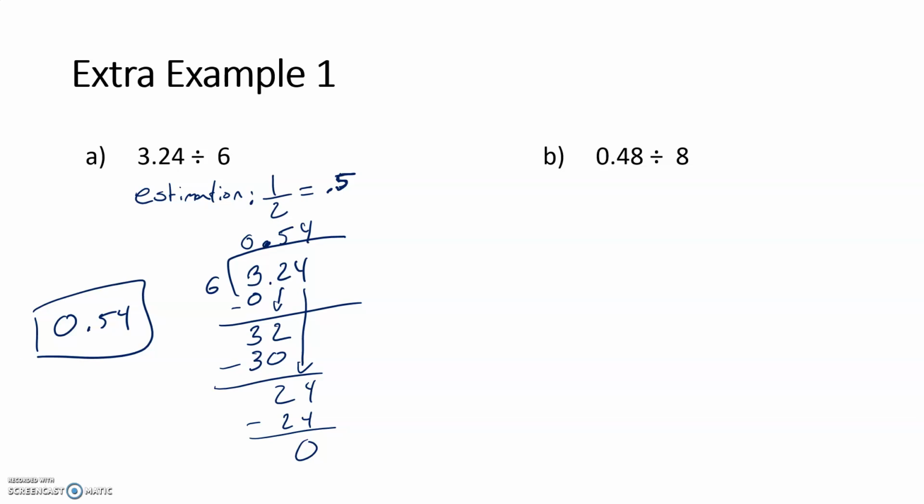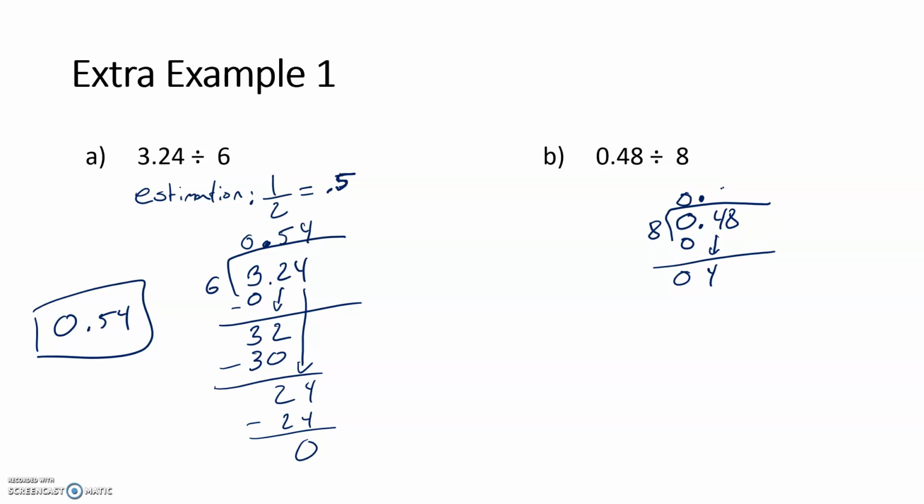All right, B, I'm not going to estimate it. It's going to be too small of a number. Let's go ahead and work it out. So 48 hundredths divided by 8. All right, 8 goes into 0, 0 times. 0, 0. All right, decimal goes up. 4 comes down.